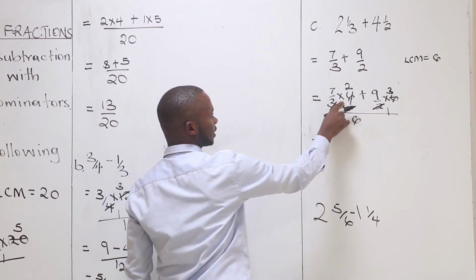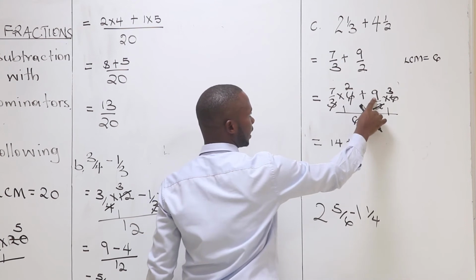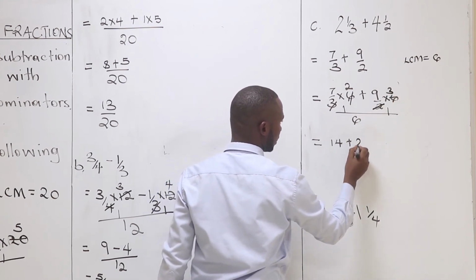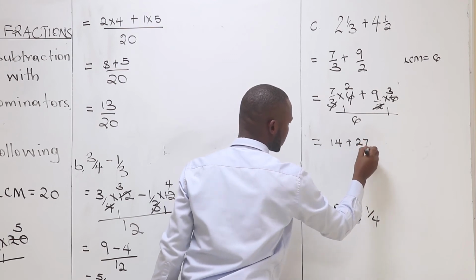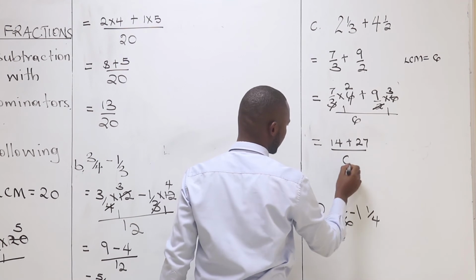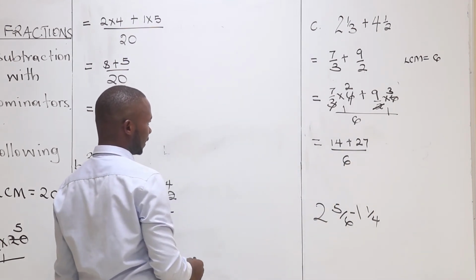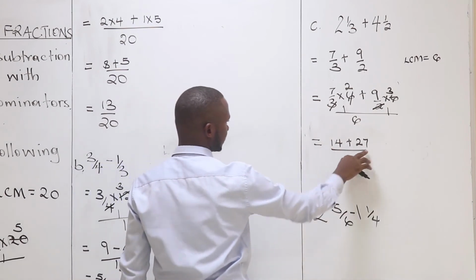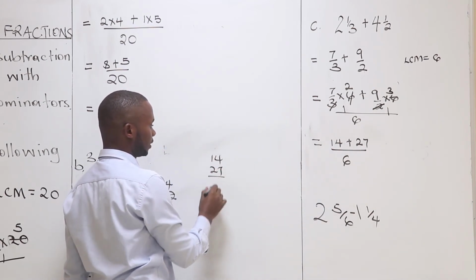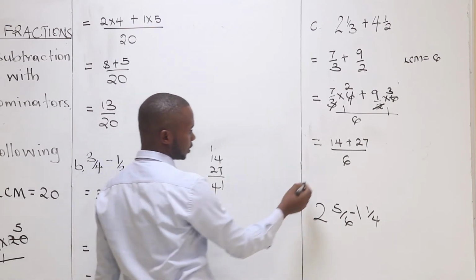So 7 times 2, that is 14, plus 9 times 3, that is 27, out of 6. What do we have? 14 plus 27 gives us 41.